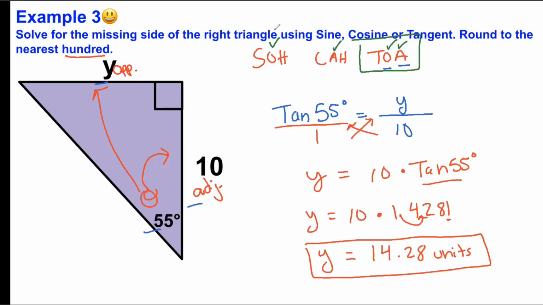It doesn't tell you which one to use, so you're going to figure out the position of your given sides, and then from there determine which function or ratio to use. Obviously, you want to use the one with all the information given, and have fun.